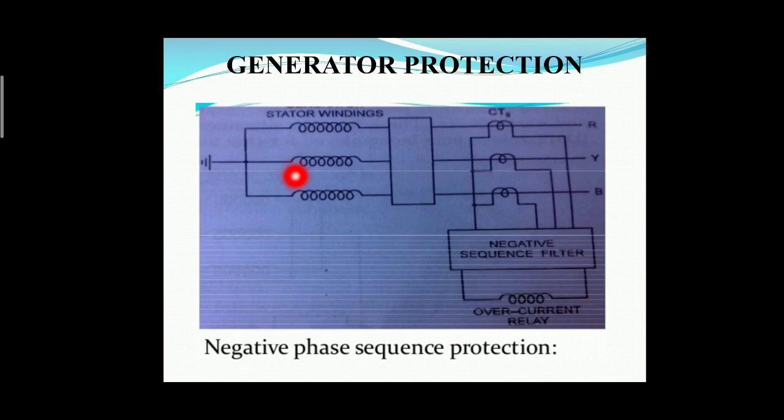The stator windings are connected in delta connection, and they are connected by the secondaries of the current transformers. The CTs are also connected in delta connection, and they are connected to the negative phase sequence filters.